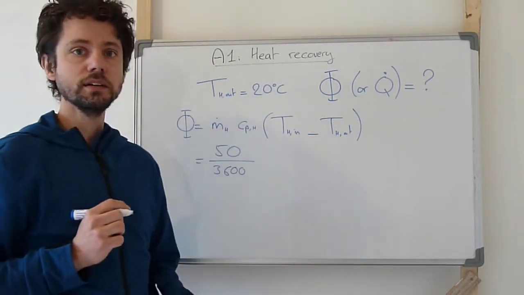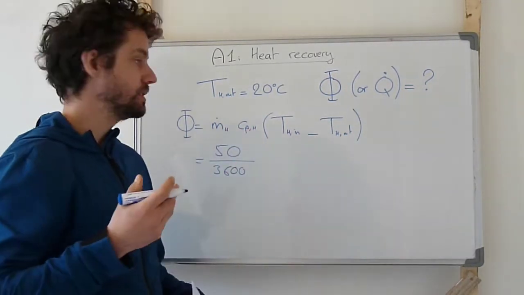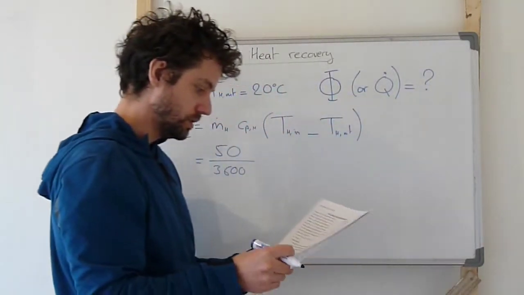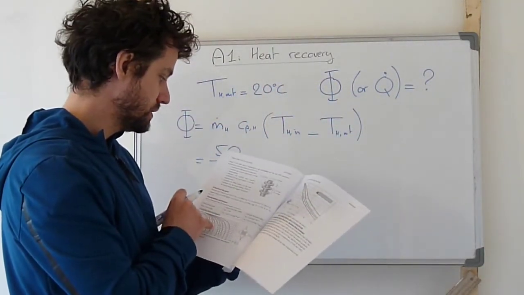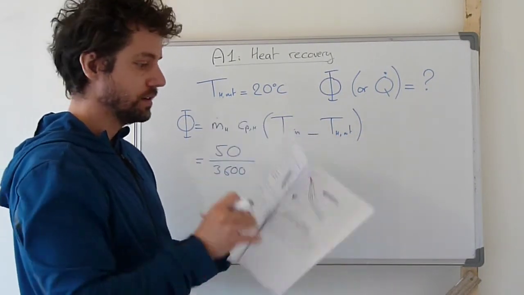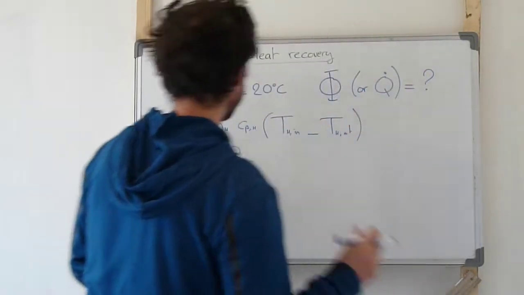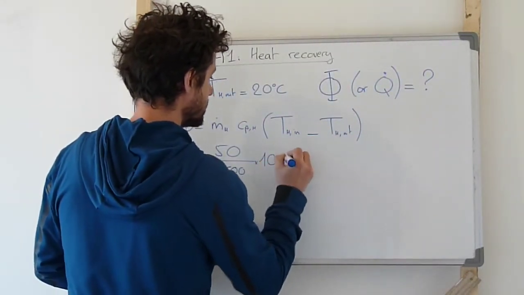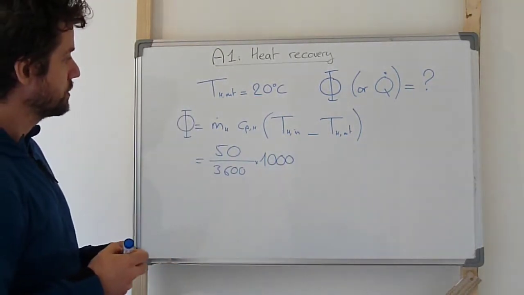Then the Cp of the hot gas is given at the end of your exercise. You have properties of the gas and of the water, and we can consider that it's around 1,000 joule per kilogram Kelvin.